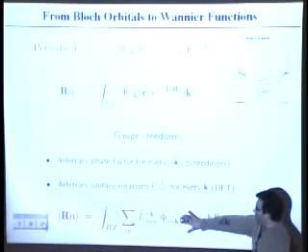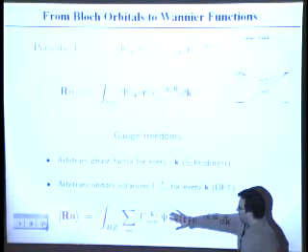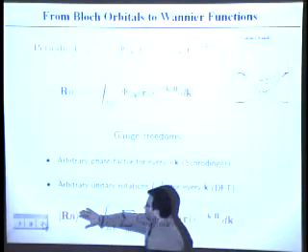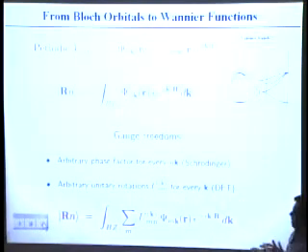So we go from extended Bloch orbitals that are eigenstates of the Hamiltonian to localized orbitals in which the electron is sitting in each of the different unit cells.